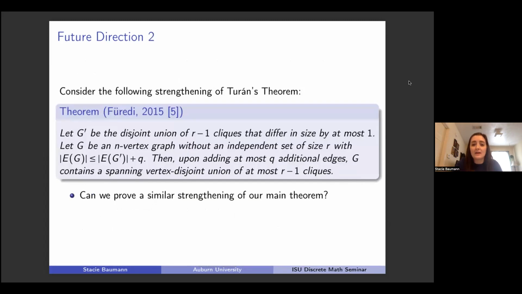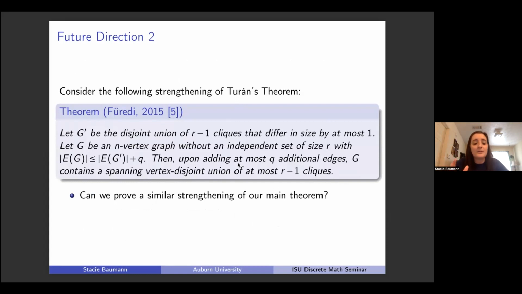The next one: there's this result that, again, strengthens Turán's theorem. It says that if a graph has a similar number of vertices to the minimum graph, and there are only a few more edges than the minimum graph, then the structure is pretty similar. So here's the version for Turán's theorem.